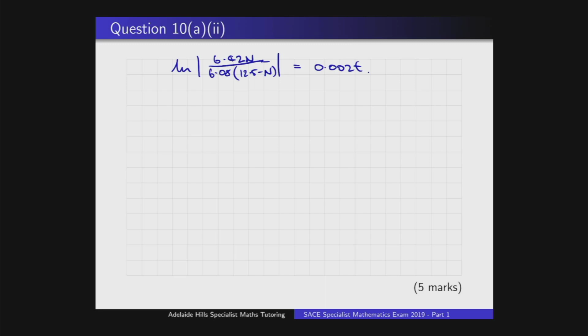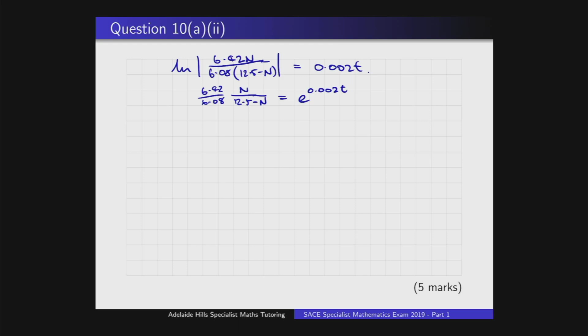Raising everything to the power e gets rid of the log on the left hand side. And so we can write this as 6.42 over 6.08 n divided by 12.5 minus n, and that's equal to e to the 0.002t.